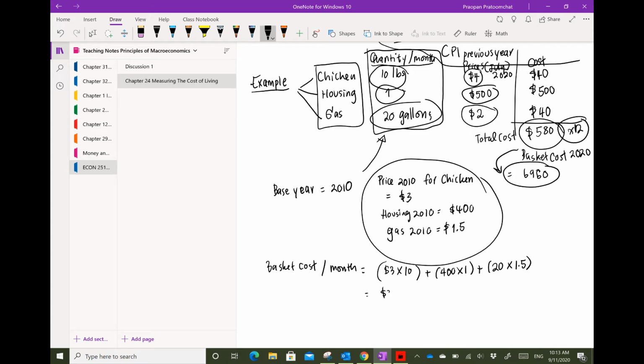So you get 30 plus 400 plus 30, that is 460 per month.